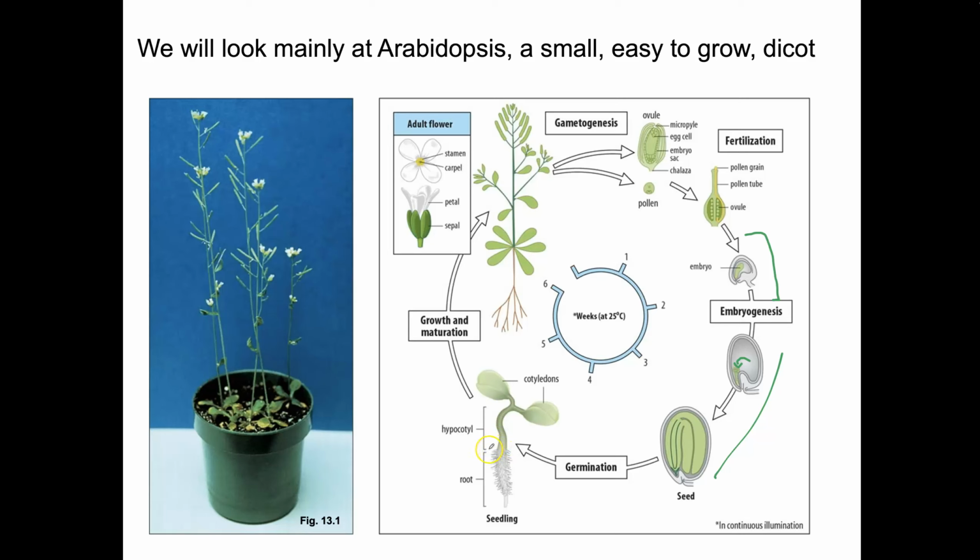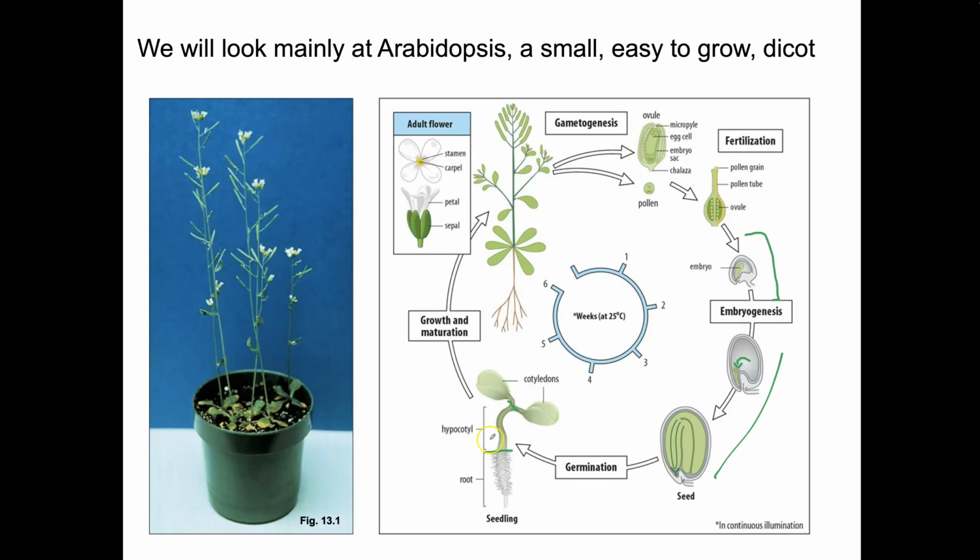And the germination, when we look at that seedling, the roots, of course, are below the ground. And the shoot is above the ground, the stem up to where the leaves first start appearing. These are cotyledons. They're not real leaves, but after that, from this shoot, the leaves are going to form.